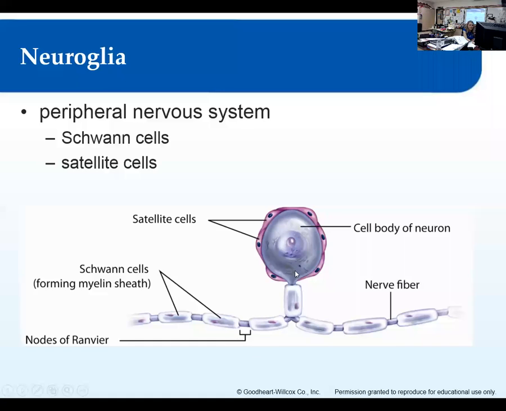What happens is when an action potential goes through a neuron like this, the action potential actually jumps across each of these Schwann cells. We're talking about the whole potential where it gets polarized, where the depolarization occurs. It occurs only in these areas where the nodes are, and it just jumps across.